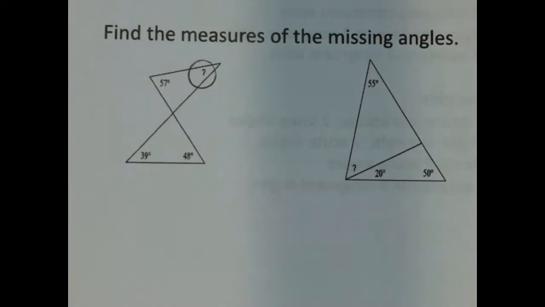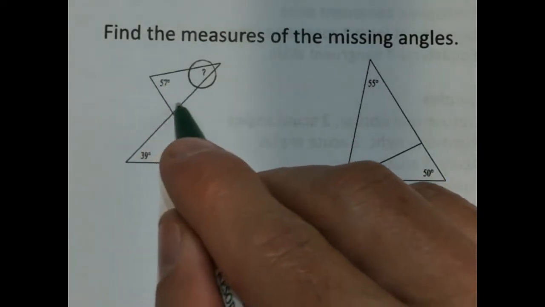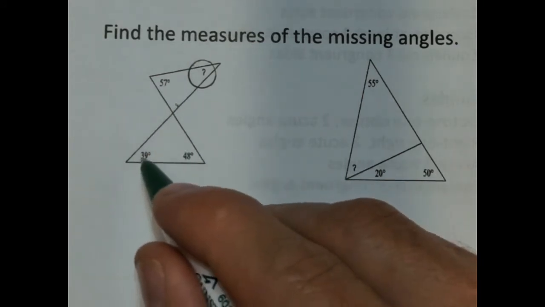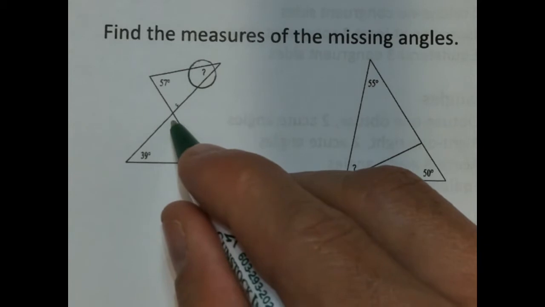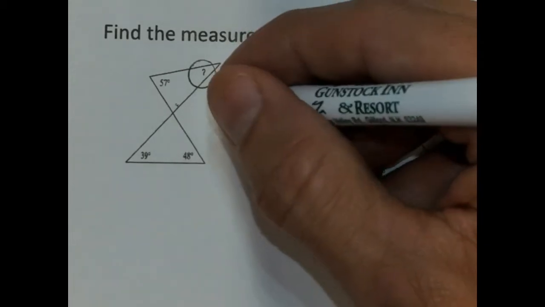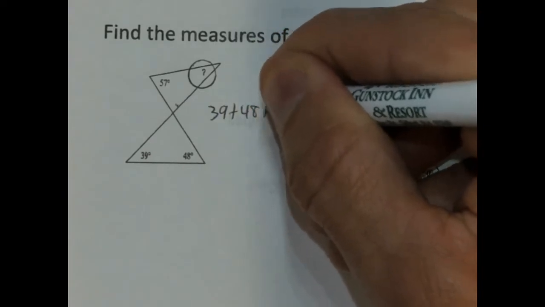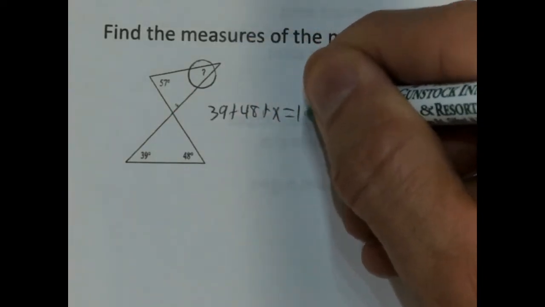So here we're looking for this angle. We can't find it just yet because we only have one other angle, but we can find this angle first. To get this angle, however, we need to find this angle. So we know 39 plus 48 plus this equals 180. So let's go ahead and set that up. 39 plus 48 plus, we'll call that x, equals 180.